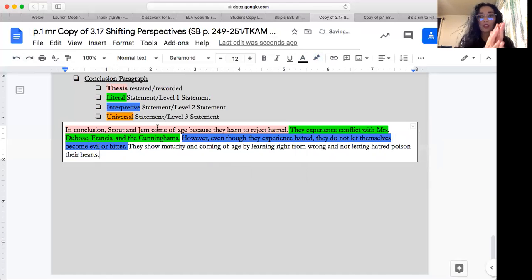And then the universal statement. They show maturity and coming of age by learning right from wrong and not letting hatred poison their hearts. So that's still kind of more interpretive. This one is a universal. But I want to have something strong.